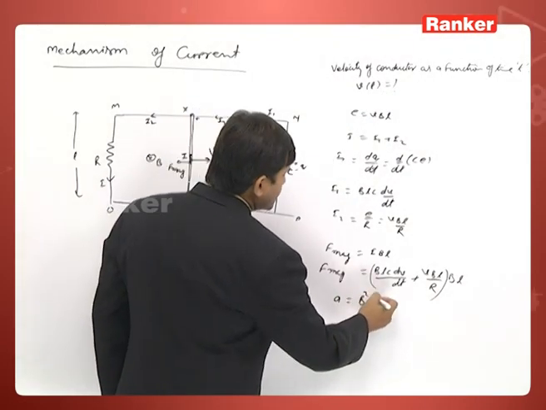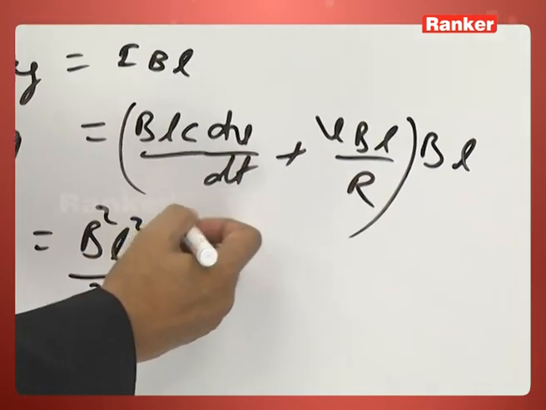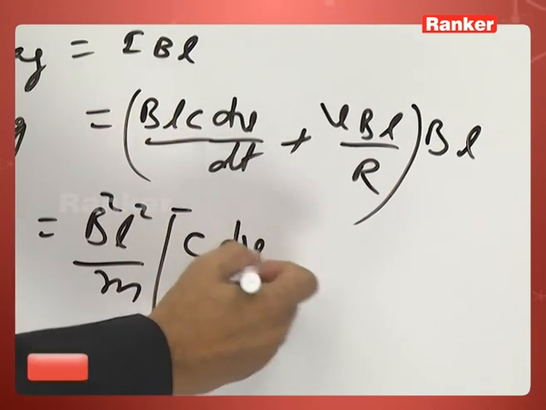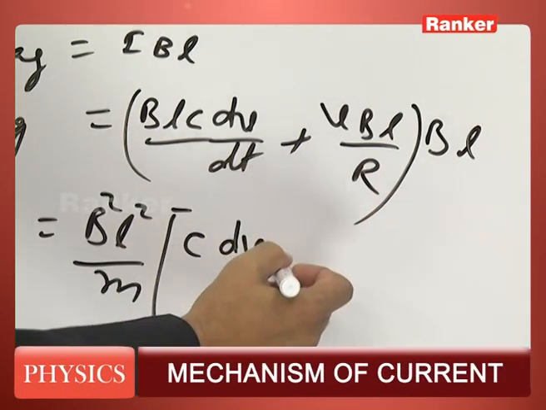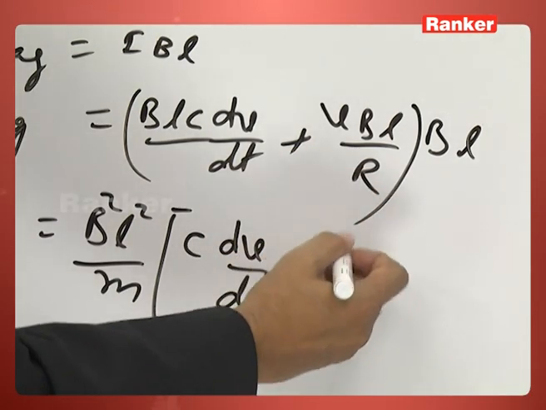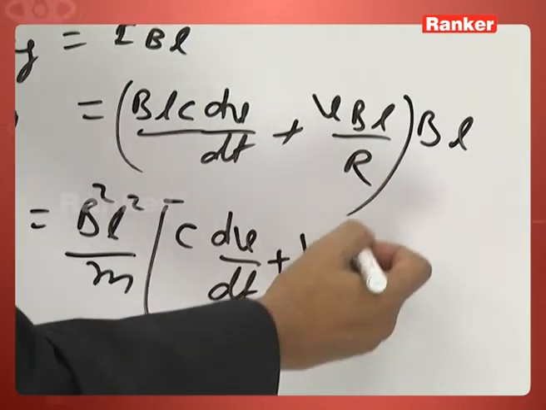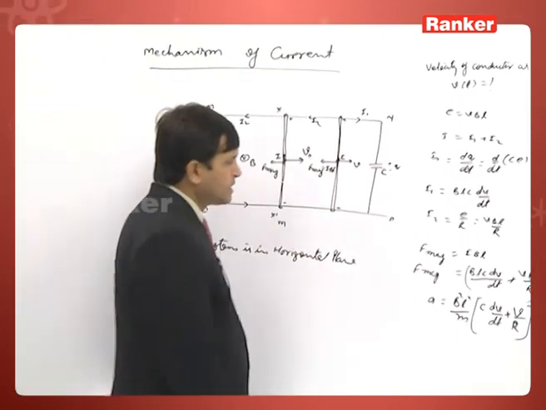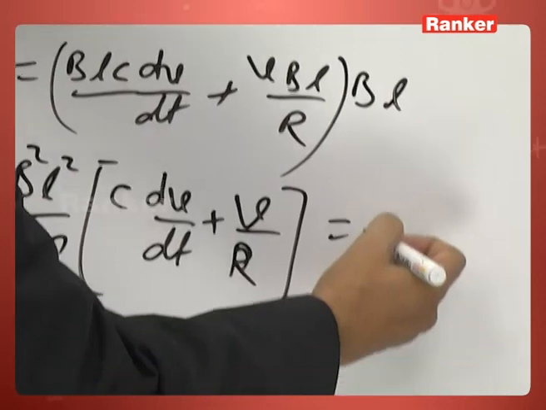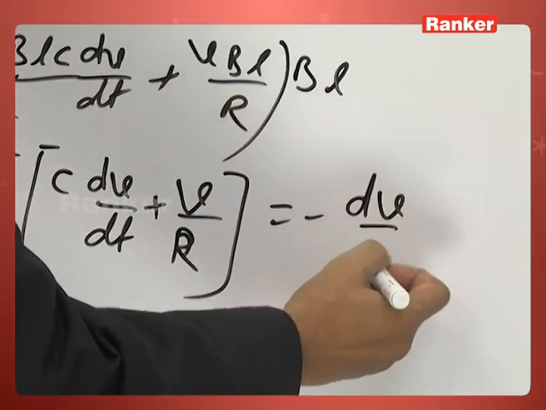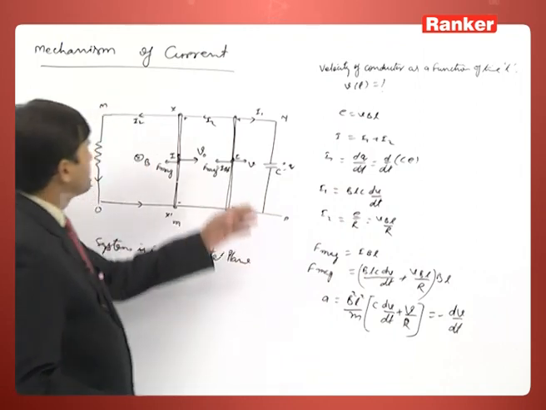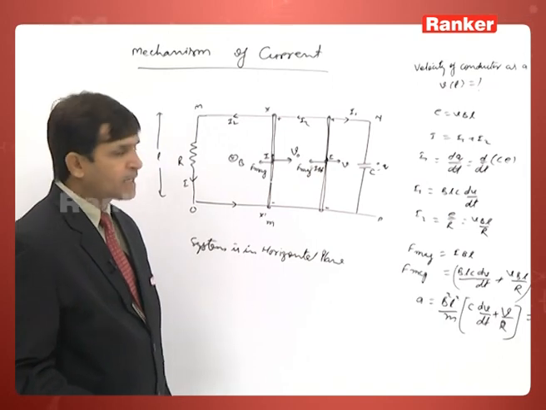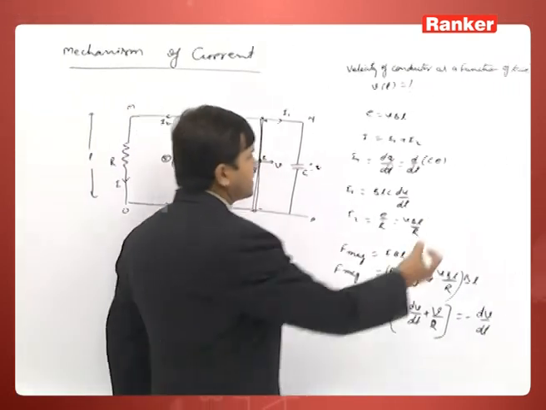So B squared L squared by M we can take common here, then this is C dV by dt plus V by R. This is the acceleration, and after that this can be written as minus dV by dt, because the force acts in the leftward direction and the velocity in the rightward direction. After that we can simplify.